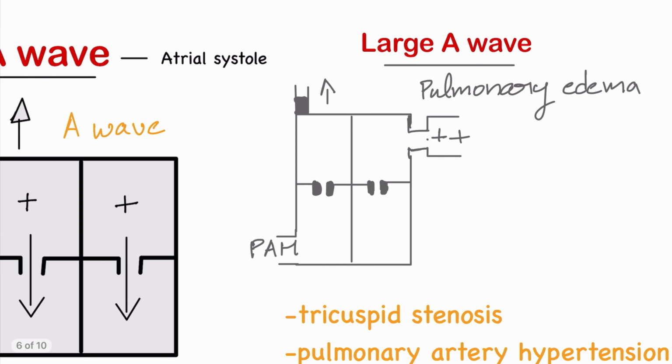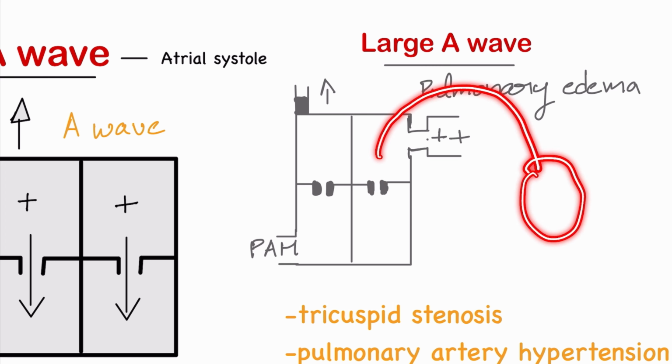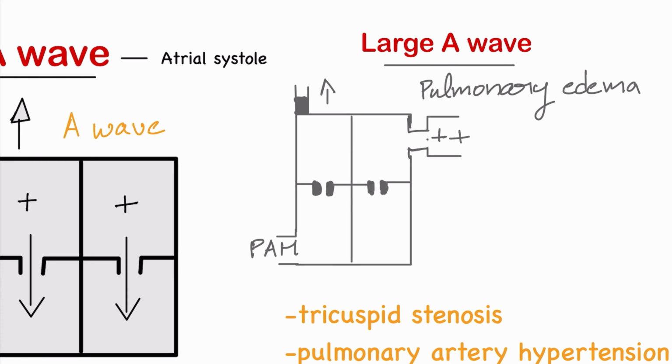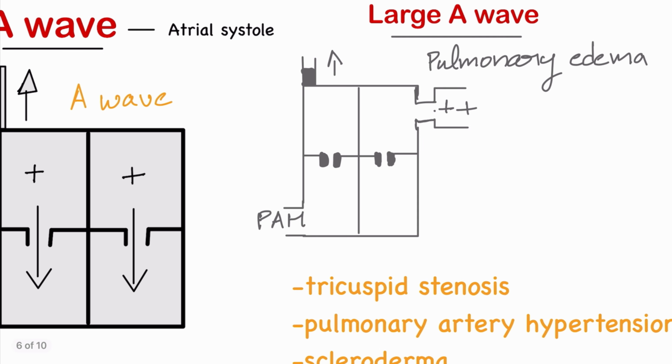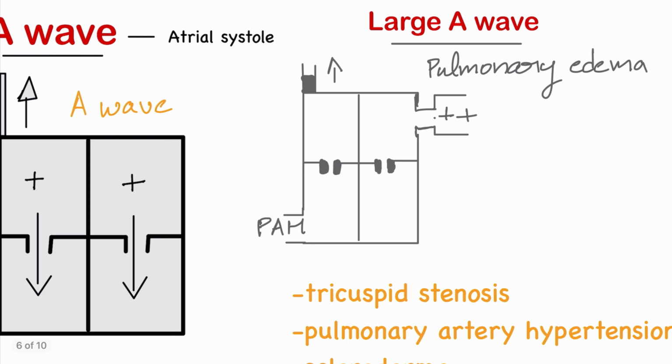In the case of mitral stenosis, this mitral valve is stenosed, so there will be backflow of blood into the lungs, because when blood is trying to come from the lungs into the left atrium, the blood should be pushed against this stenosed valve, so you can see a backflow of blood, which causes pulmonary edema. This pulmonary edema in turn causes pulmonary artery hypertension, which causes increased pressure here. That is how in long-standing mitral stenosis you can see large A wave.